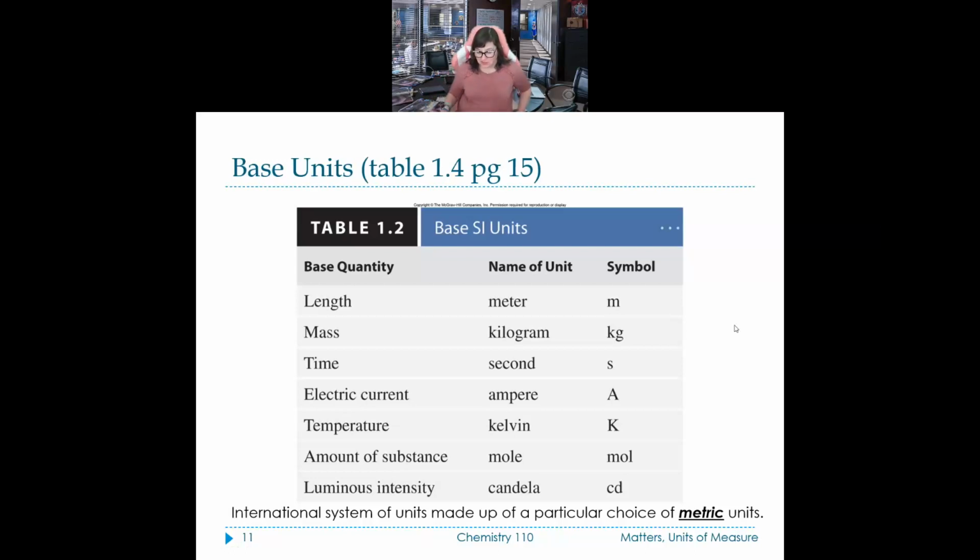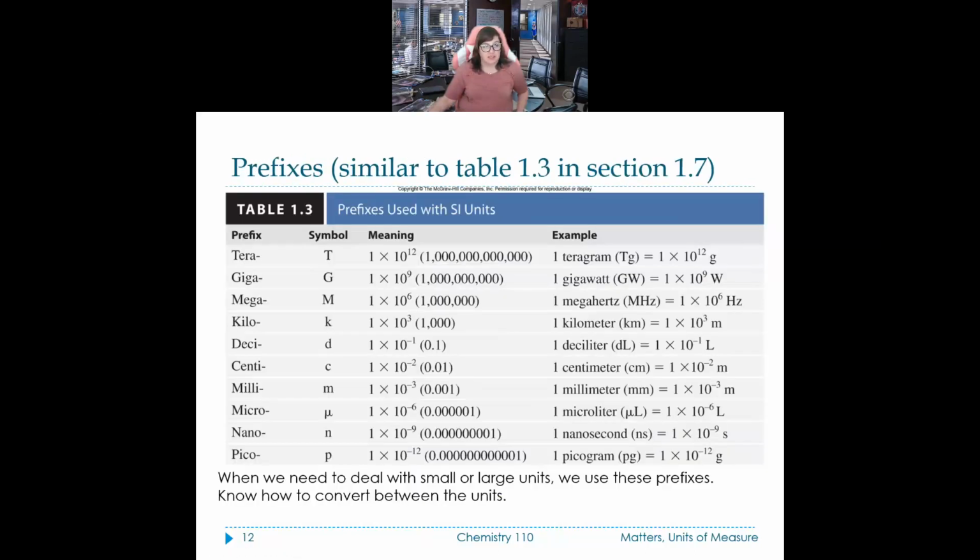Let us move on at this point. So, we talked about base units. Let's go ahead and move on to prefixes. Now, prefixes are what we talk about in terms of how big is a particular unit. So if I'm talking about meters, and you've probably heard this part, but I'm using very small units, we don't necessarily talk about meters themselves.